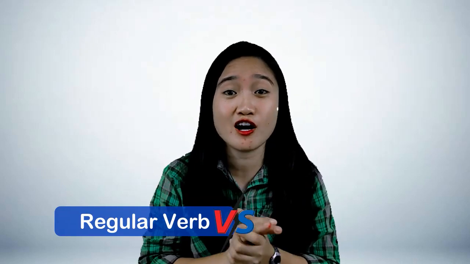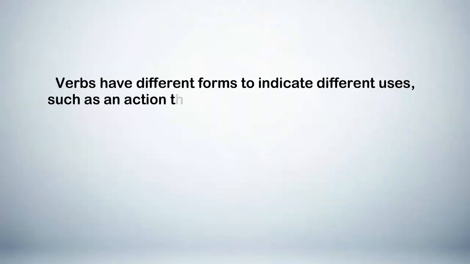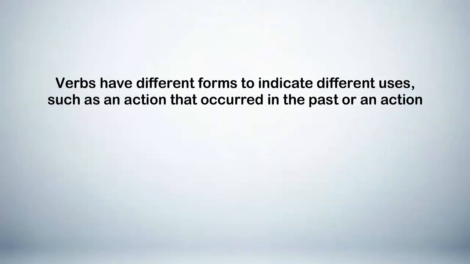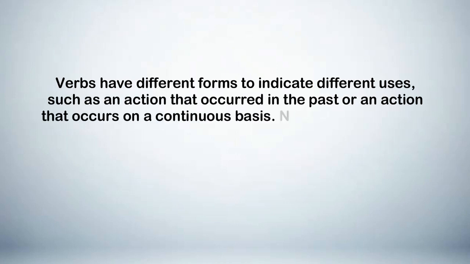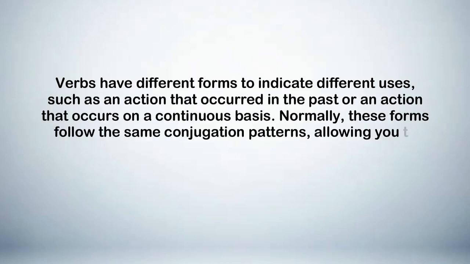Now let's talk about the last category of verbs, which is regular versus irregular verbs. Verbs have different forms to indicate different uses: an action that occurred in the past, or an action that occurs on a continuous basis.